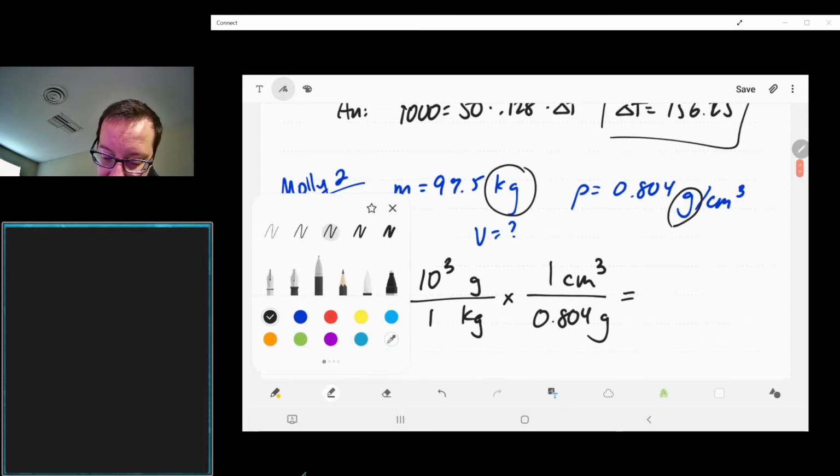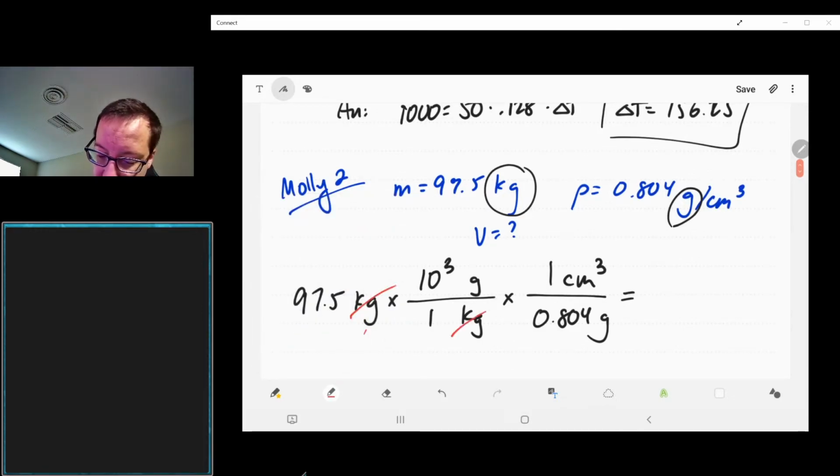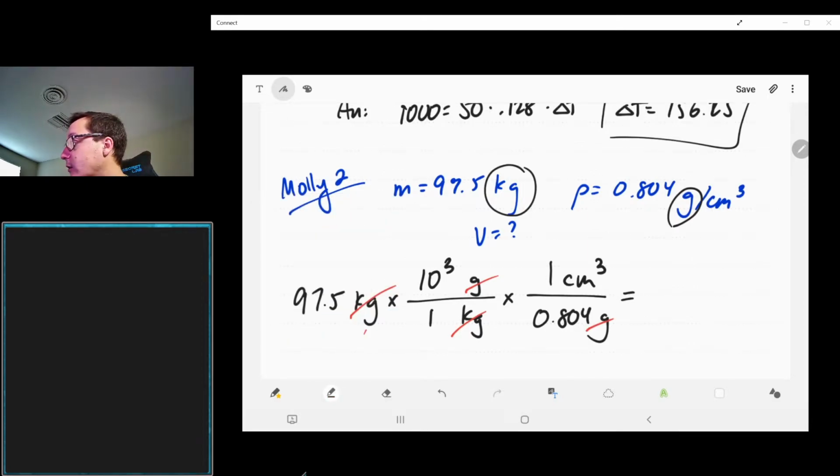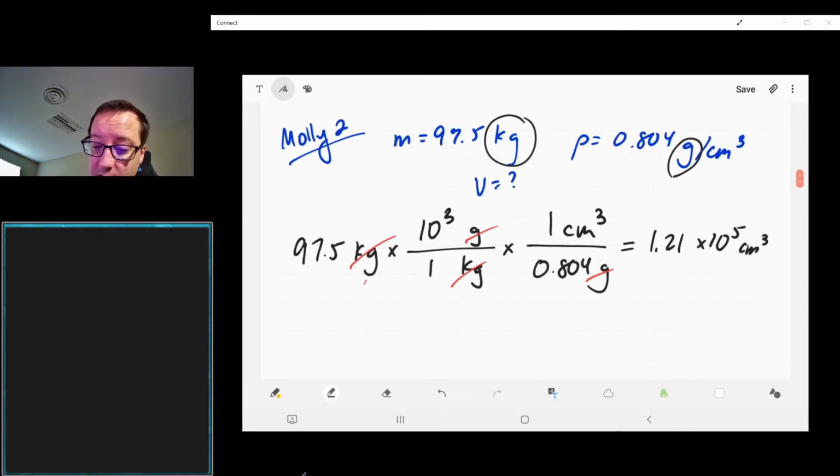Kilograms will cancel, grams will cancel, and we're left with cubic centimeters. So the answer apparently is going to be 1.21 times 10 to the fifth cubic centimeters. I think that was the confusing part there, so just watch for units. Since we're given kilograms, we need to convert that to grams first before we can use our density. If you wanted to use the density formula, you have to make sure it's in grams first as well.